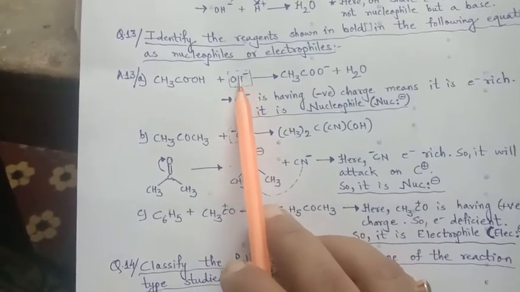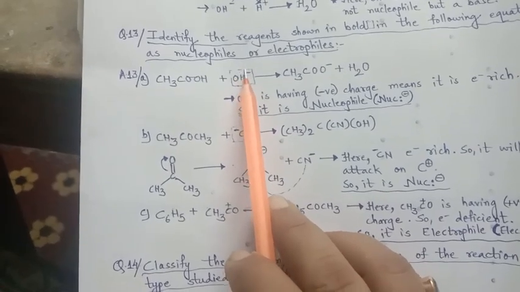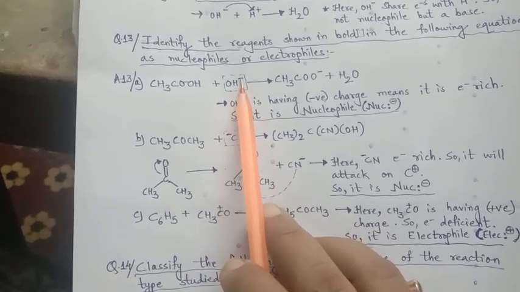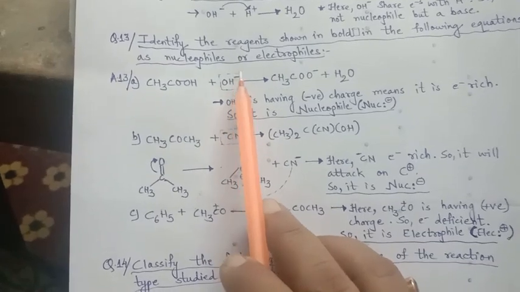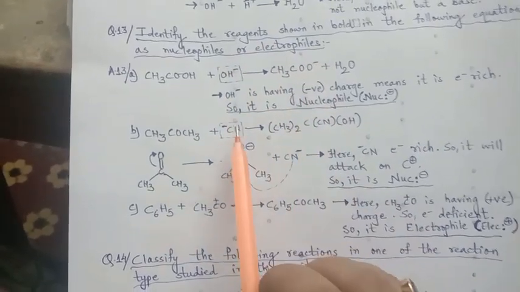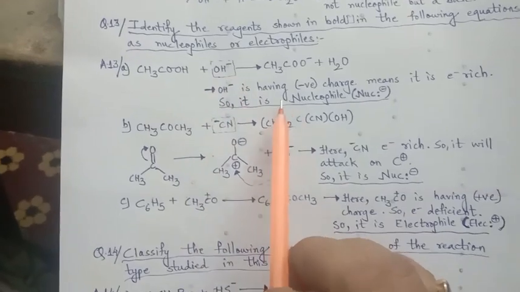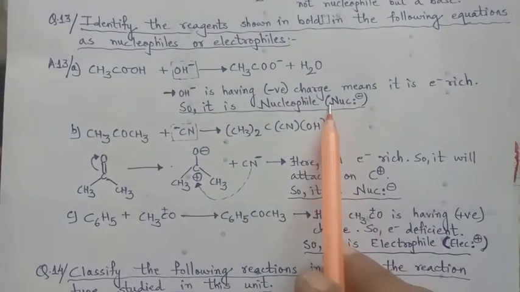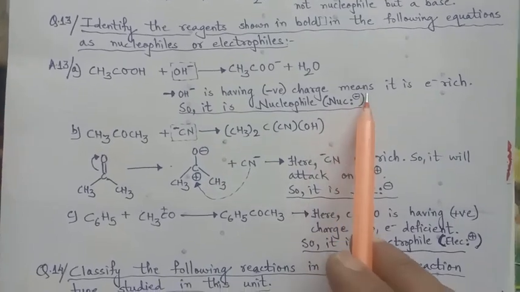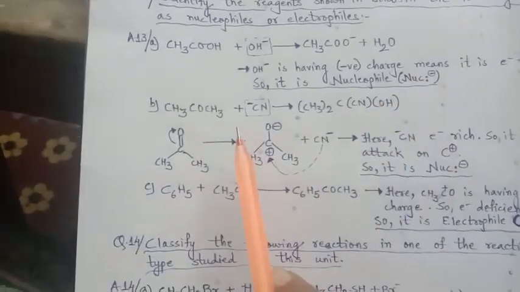Here you see, nucleophile, because it is carrying a negative charge. That means it is electron rich. If it is electron rich, then and only then it will love the nucleus, because the nucleus is positively charged. That means it is a nucleophile, which can be shortly abbreviated in this form. It is read as nucleophile.